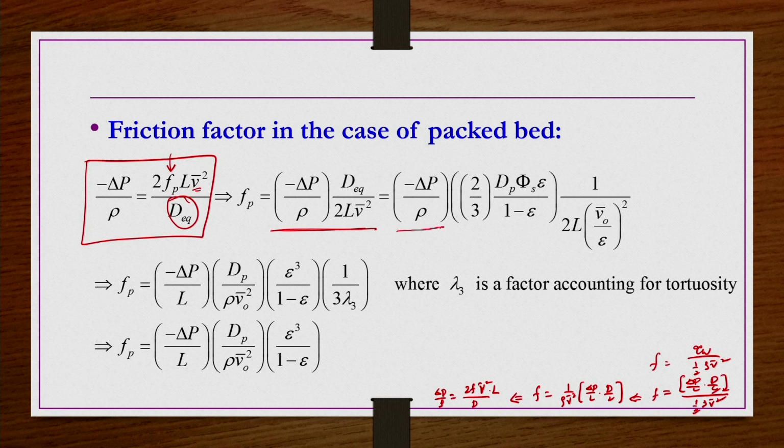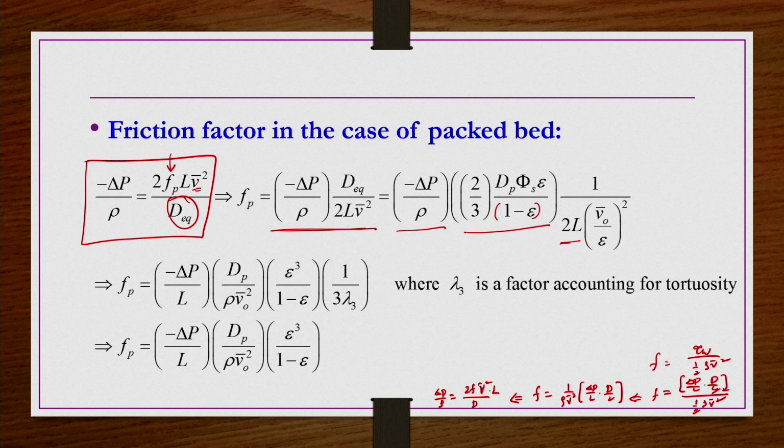So, minus delta P by rho is as it is, d equivalent we found as 2 by 3 dP phi s epsilon by 1 minus epsilon in one of the previous lectures, and then 1 by 2L is as it is, and V bar is V naught bar by epsilon whole square, because there is a square for V bar. So, here also we have a whole square term.